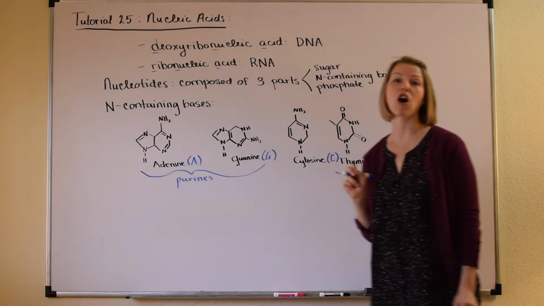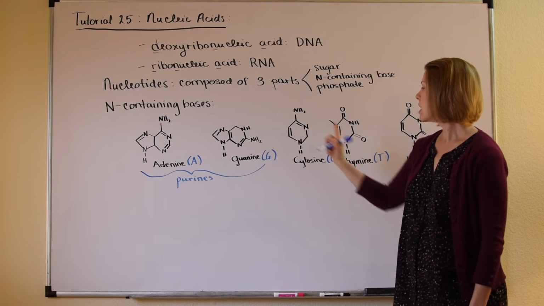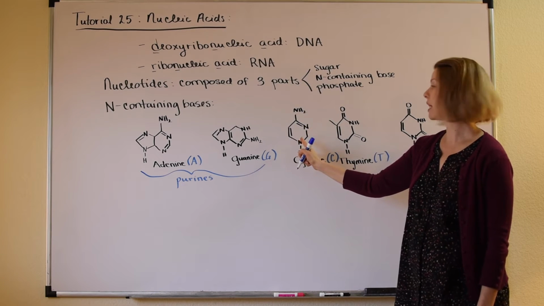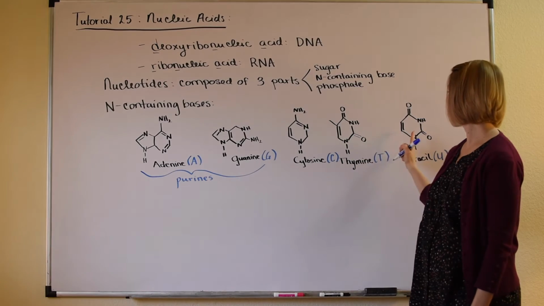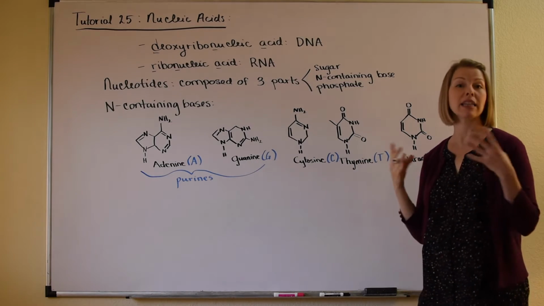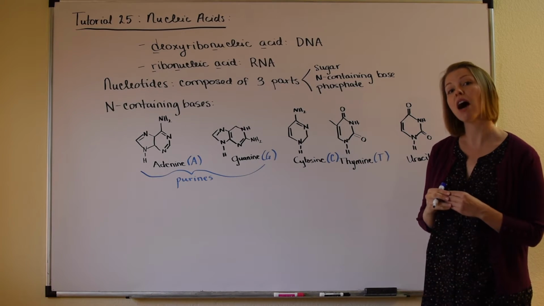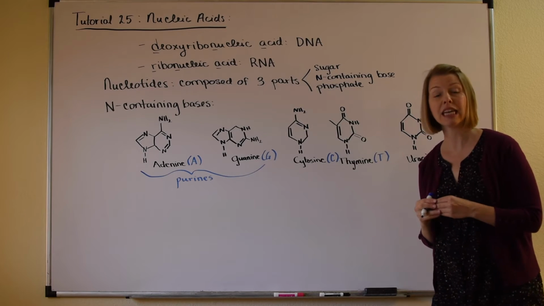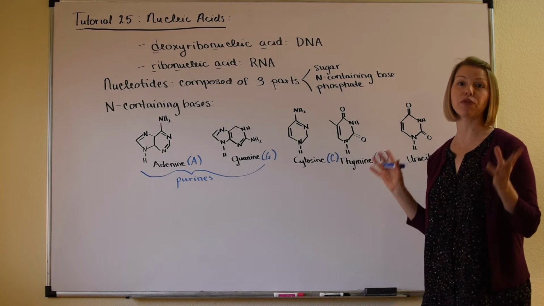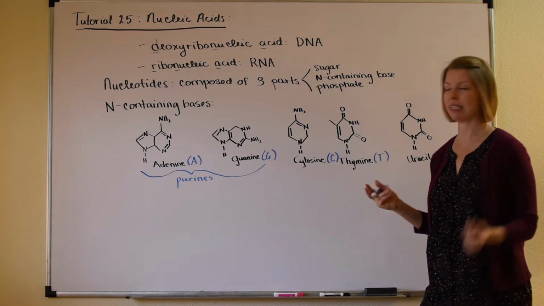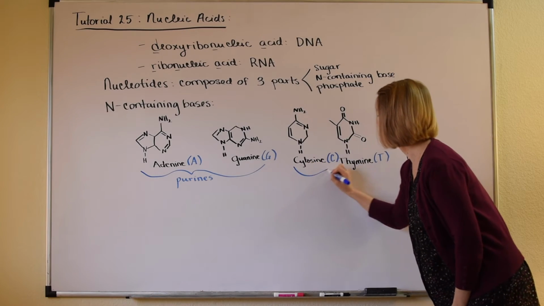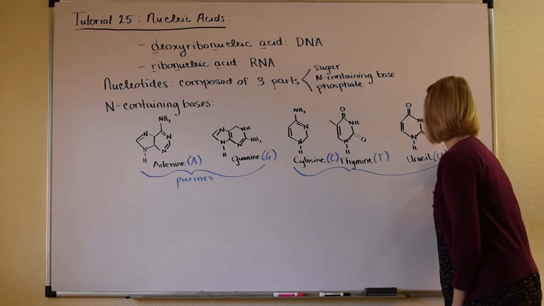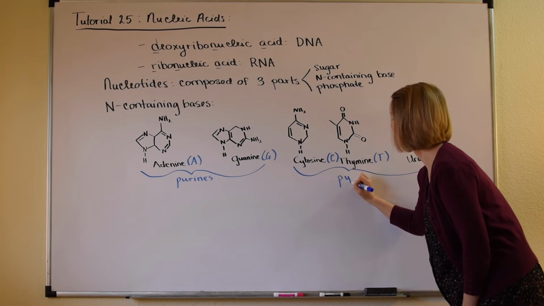Adenine and guanine are your purines. Notice a similarity between cytosine, thymine, and uracil. That is because they are all derivatives of a molecule known as pyrimidine. And so they are often collectively referred to as the pyrimidine bases. So I'm going to write here that these are our pyrimidines.